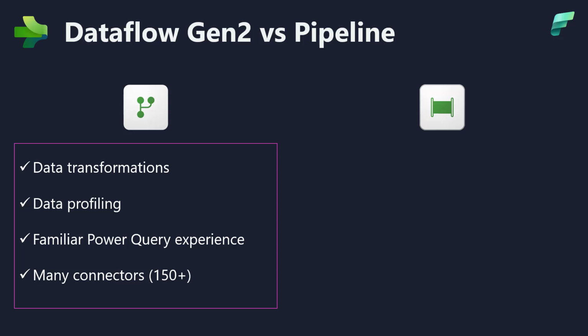It also provides a familiar Power Query experience, so if you are transitioning from the Power BI world, you will find yourself in a very familiar environment. Last but not least, Dataflows Gen 2 offer more than 150 connectors out of the box, meaning there is literally almost no data source out there that cannot be leveraged from Dataflows Gen 2 out of the box.